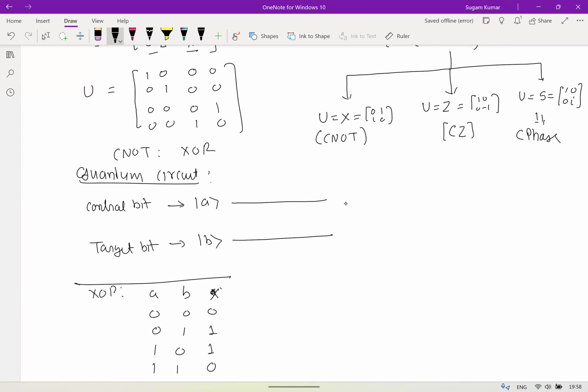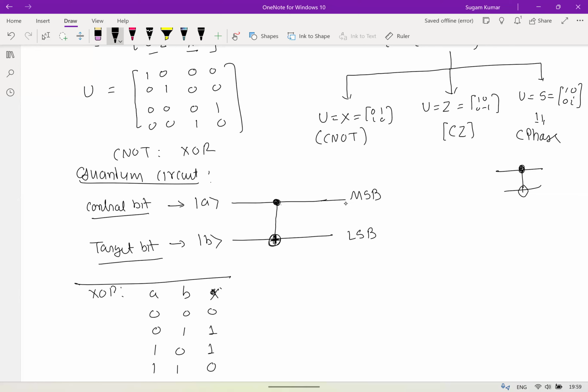The CNOT gate circuit diagram we represent by this symbol, in short, with this node. The bit on which the node is there is called the most significant bit, and the line where the target is, that is the least significant bit. This defines which qubit acts like the control bit and which acts like the target bit.